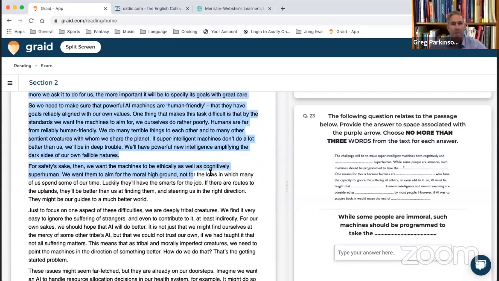So the opposite of moral high ground is low ground. So high is moral, low is immoral, right? So while some people may be immoral, this has the same meaning as this part of the sentence from here to here. So this is a difficult answer, but the answer is moral high ground.